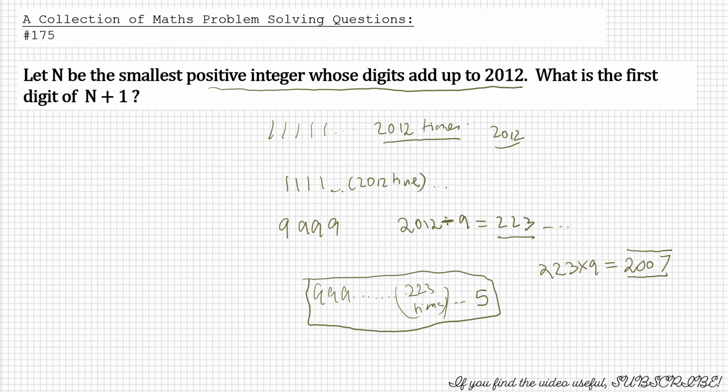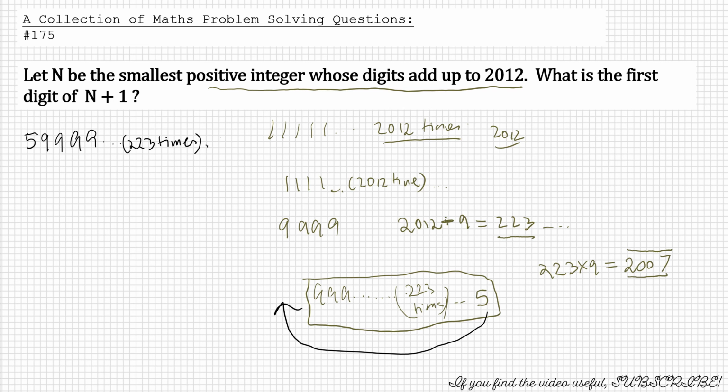However, this is not the answer, because you can still make this number smaller by bringing this 5 to the beginning. So if you had the number 5, and then 9, 9, 9, 9, and so on, 223 times, and then you added all of these digits, you should get 2012.